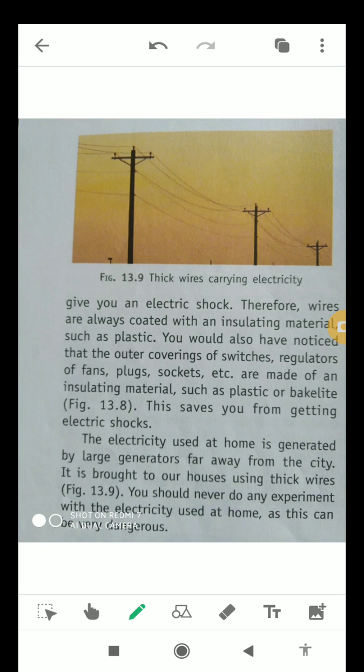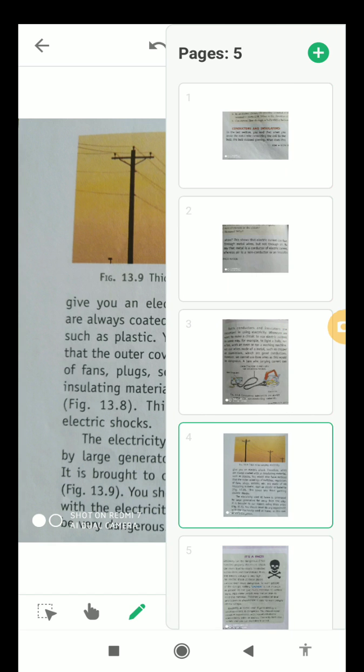Okay, you should never do any experiment with the electricity used at home, as this can be extremely dangerous for your life. Okay students, as you can see in this diagram, wires are carrying current, and they are attached to the poles. Now next slide.